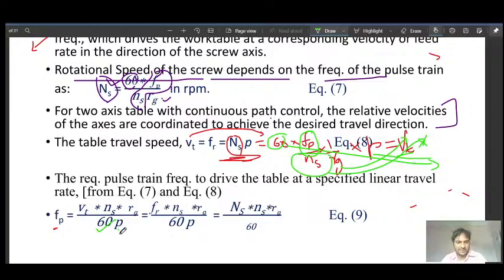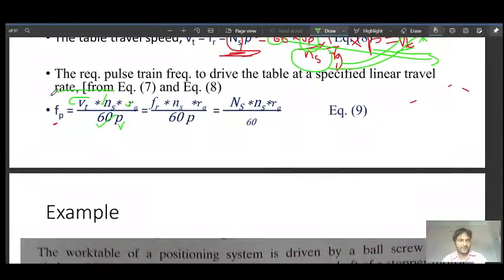So 60 and P in the denominator, and Vt, Ns and Rg, that is Vt, the number of steps, and Rg in the numerator. So we get the pulse frequency. In the same way, feed rate is the same as Vt, so Vt and pulse frequency are the same.